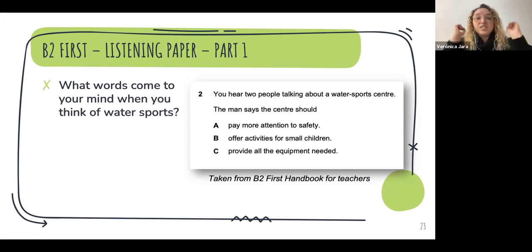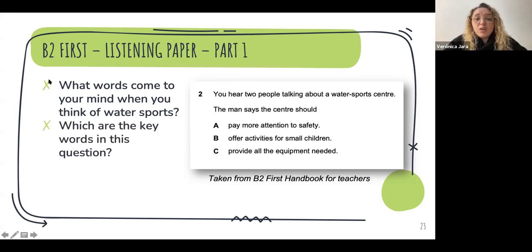First, before they listen, remember, we are preparing them. What words come to your mind when you think of water sports? So you brainstorm vocabulary. Maybe, remember what we said, you could even pre-teach some vocabulary that would act as a kind of barrier in the listening text. Then which are the key words in this question? What is it that you have to pay attention to?